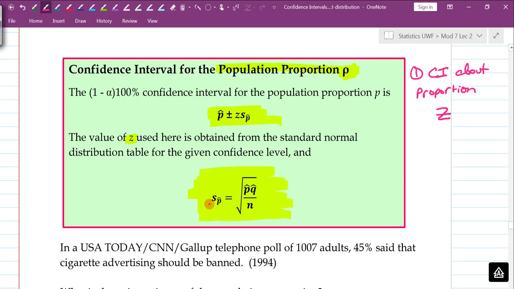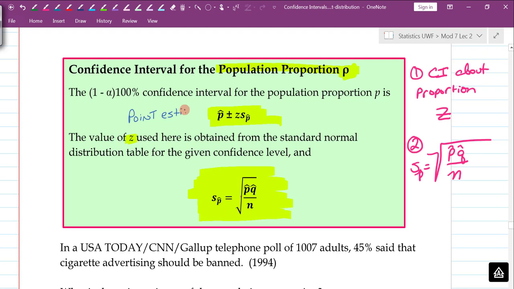Okay, so number 2, the standard error about the proportion denoted by p hat is going to be equal to the square root of p hat times q hat divided by n. P hat is our best estimate for our population parameter proportion.